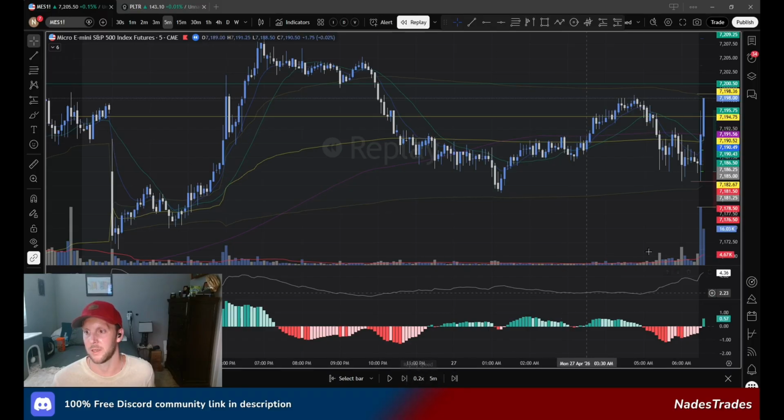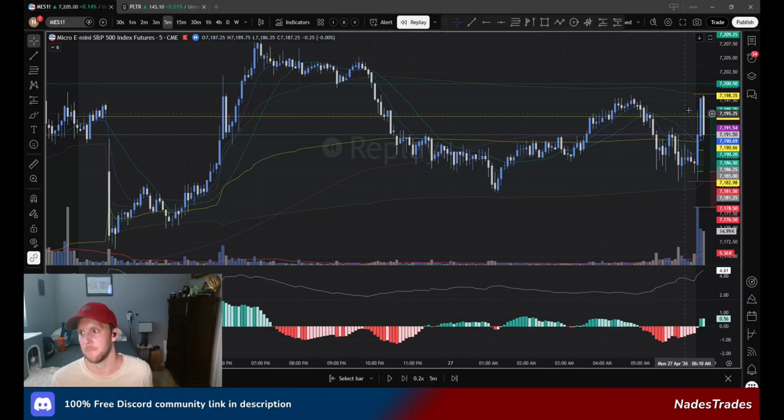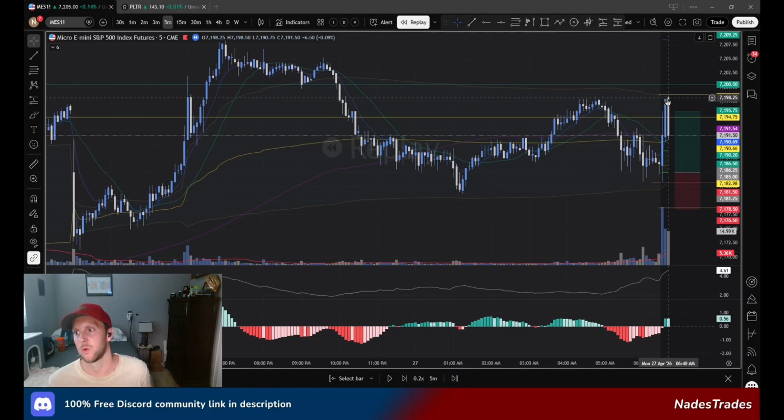So we enter in, price pushes up here. These yellow lines are going to be the 30-minute opening range high and the 30-minute opening range low once it's set.